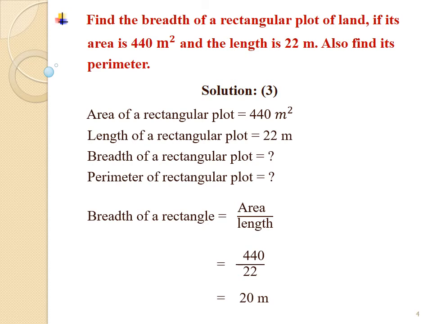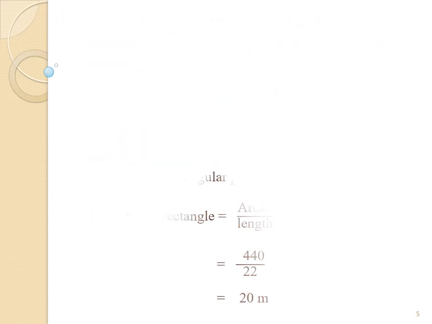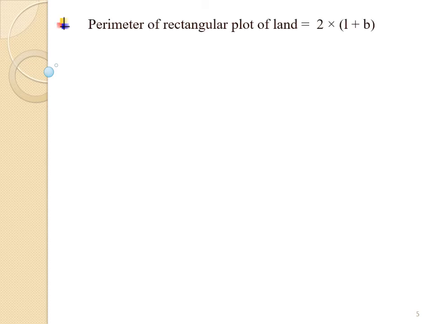Now, let us find the perimeter of a rectangular plot. Perimeter of a rectangular plot equals to 2 into (length plus breadth), which is equals to 2 into (22 plus 20).